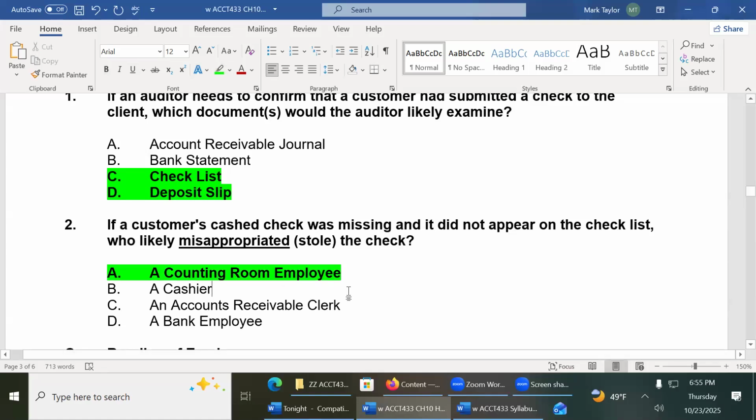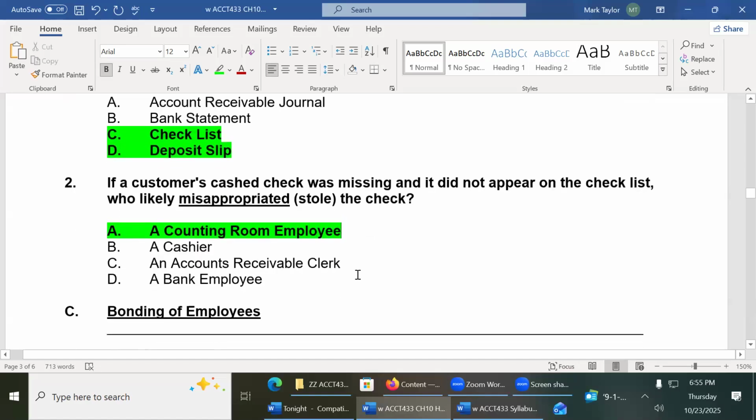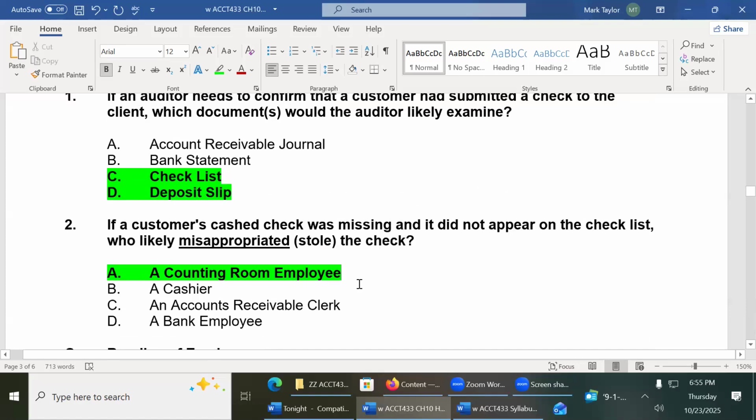Actually, at the time I was too stupid, it wouldn't even occur to me. If it didn't show up on the checklist and it was cashed, you'd probably start looking at the accounting room employee, see where the check was actually deposited, and see if it went to the wrong bank or something like that, and someone took it too. I mean, there are other things that could happen.